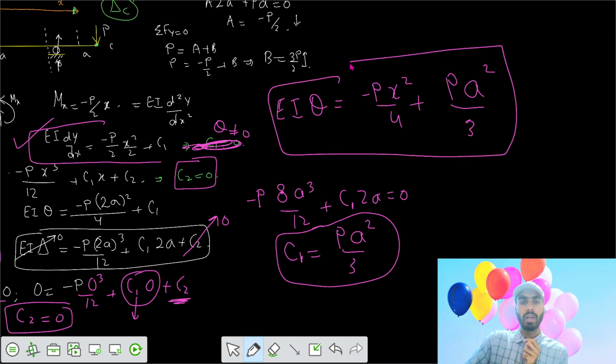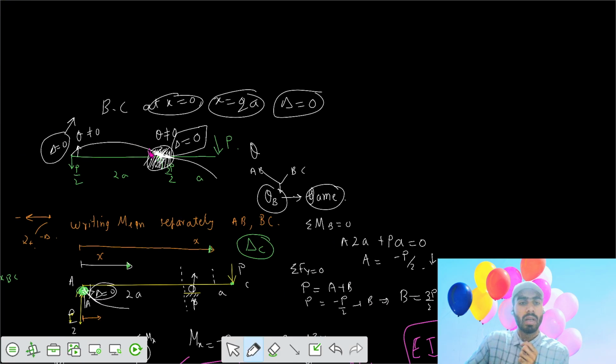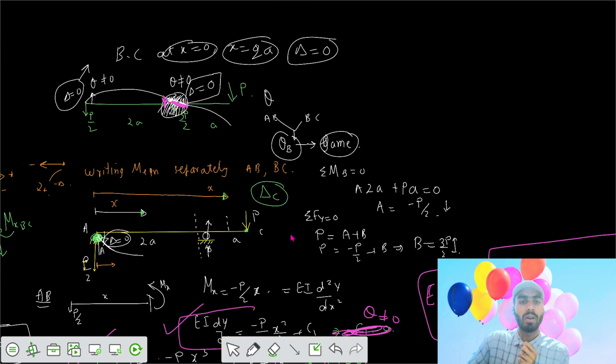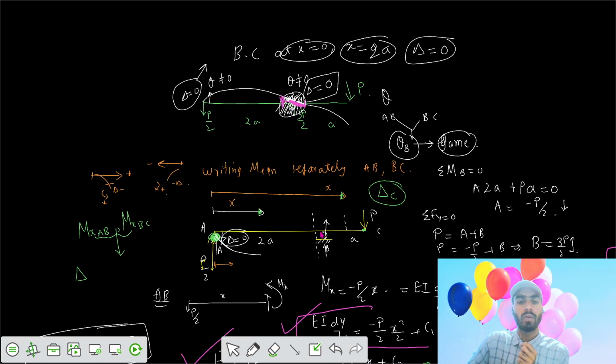So this is your general equation for span AB. The theta in this span and theta in the next span should be the same. So now we have to write the equation for span BC. See how lengthy the calculation becomes if the moment equation changes. The calculation becomes very lengthy if the bending moment equation changes.